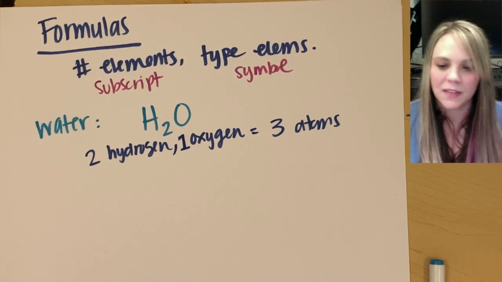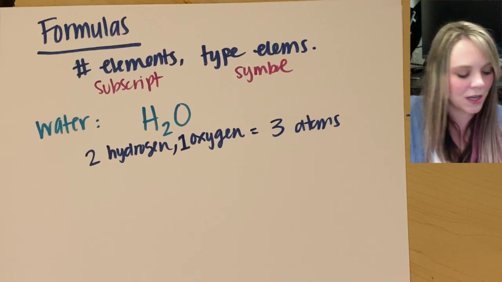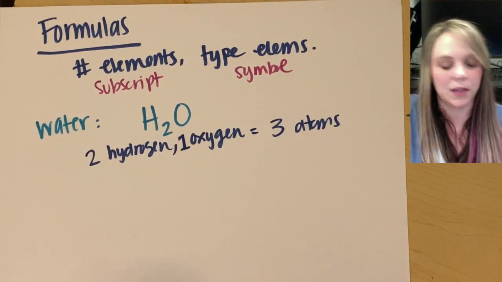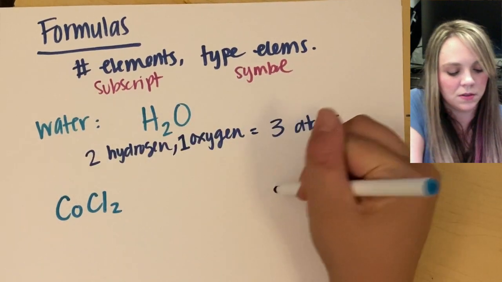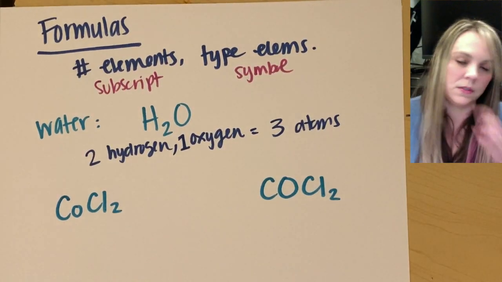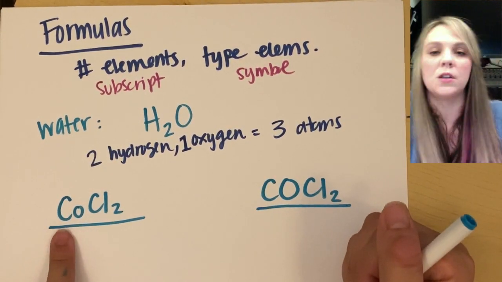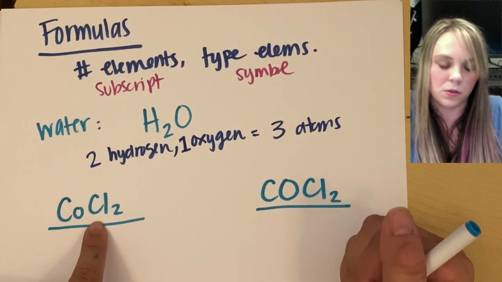I have a bunch of examples, but I know you get it. I do want to make sure that you are careful with your upper and lower cases. So if I wrote CoCl2 versus COCl2, this first one would be cobalt 2 chloride: cobalt with 2 chlorines.